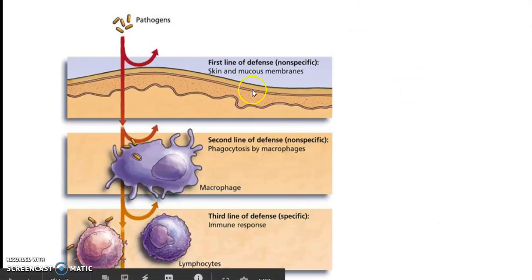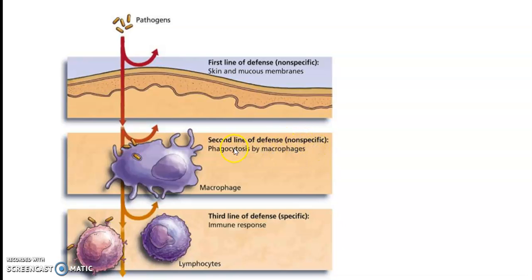And here's our cartoon. So here's our pathogens. So a lot of them can't even make it through the barrier of the skin and mucous membranes. Those that make it through are going to hit the second line of defense, which is phagocytosis by macrophages. So macro means big. Phage means eating. So these are the big eaters.